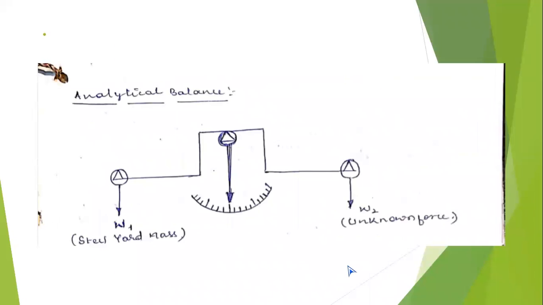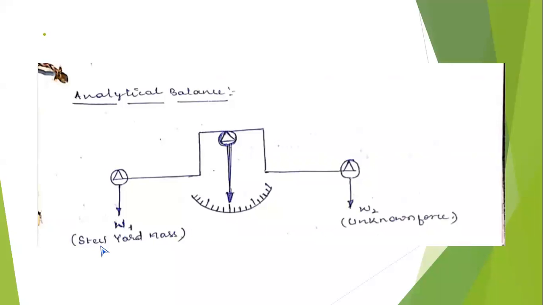Next, come to the point. All of you studied the analytical balance. You already performed an experiment in the chemistry lab. Here, the very important concept of the analytical balance is the beam balance. When the three positions, all of you observe here, W1.